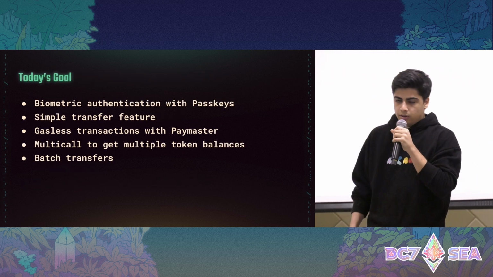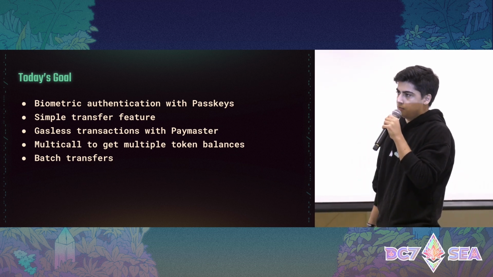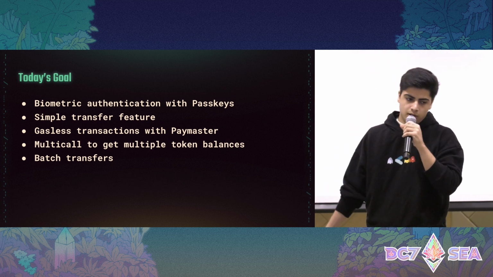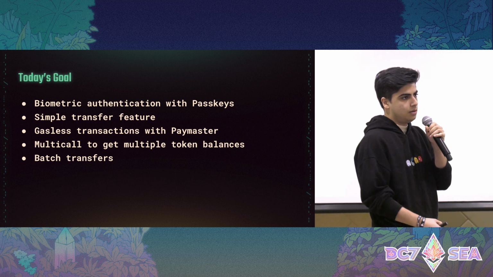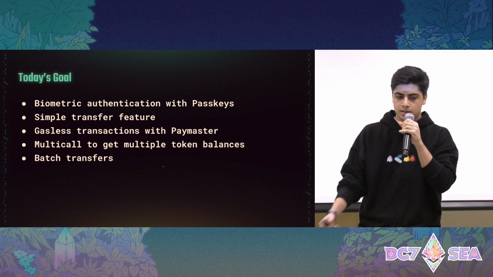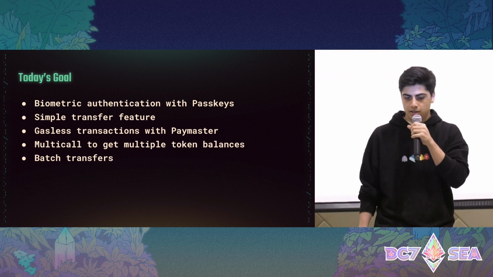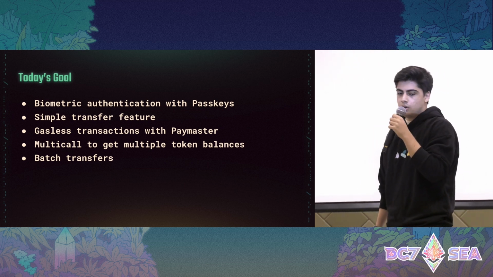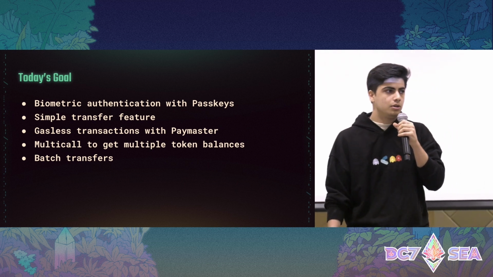Today's goal is building authentication with Passkeys at the wallet level. We will implement a simple transfer functionality with your biometrics. We will introduce gasless transactions with paymasters, and we will be using multicall to get multiple token balances for your account.